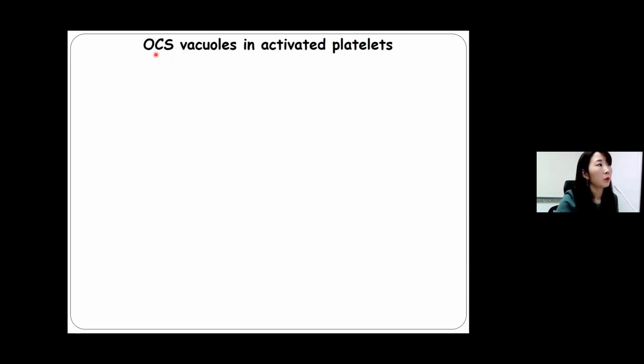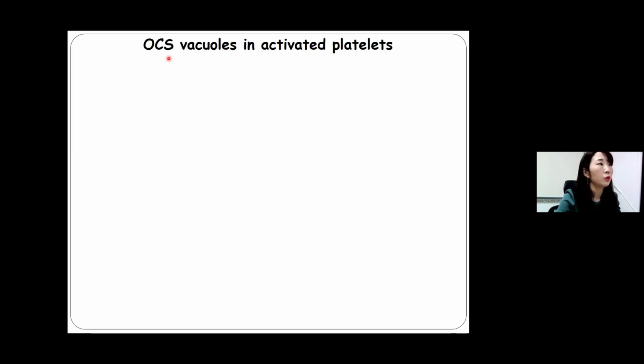So for example, OCS vacuole can be the good exit route for the secreted proteins. So we try to observe where the OCS vacuole can be formed at the end of the activation process.